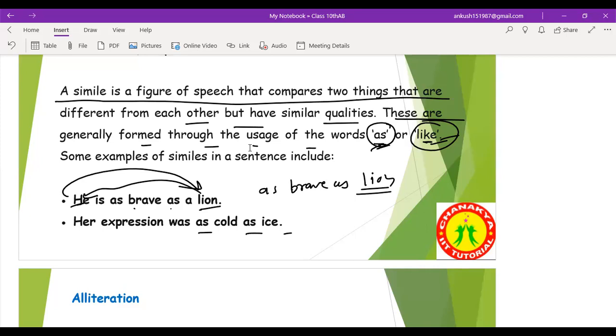You look like the moon. Comparison is done over there. Understood? Whenever there is a comparison between two objects, whether they are similar or different in nature, doesn't matter, if they are compared with the words like or as, then that figure of speech is simile.